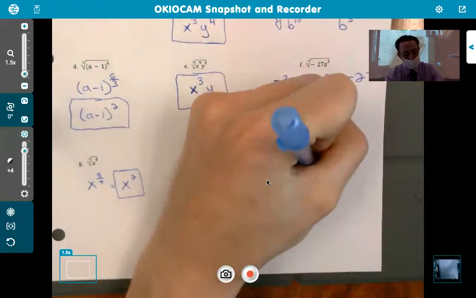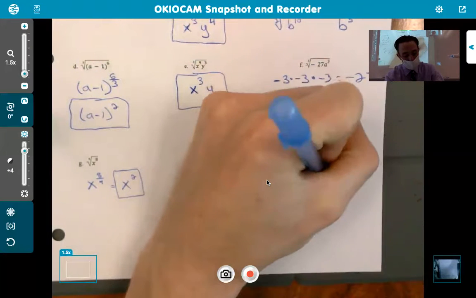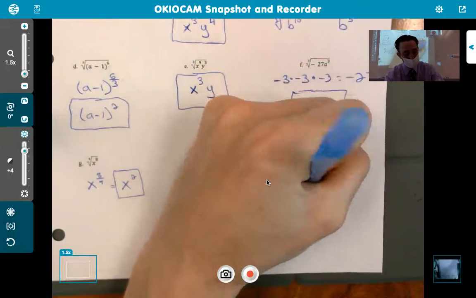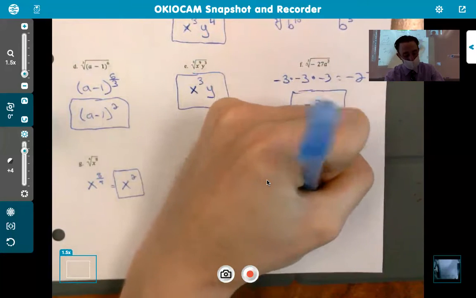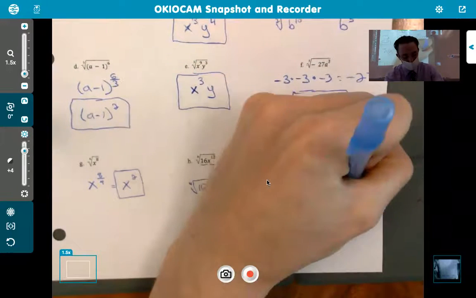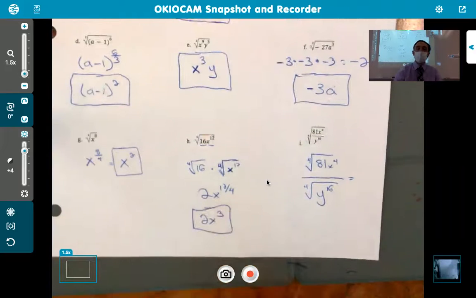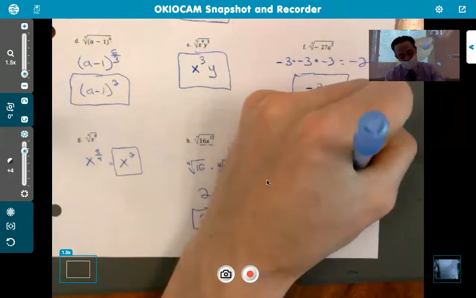So I can think of this as the fourth root of 81x to the fourth, and think of this as the fourth root of y to the 16th. What is the fourth root of 81? 3. 3 times 3 gives me 9, times 3 gives me 27, times an additional 3 gives me the 81. So it's going to be 3.